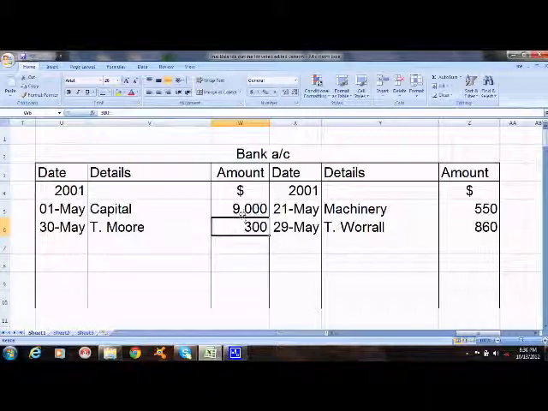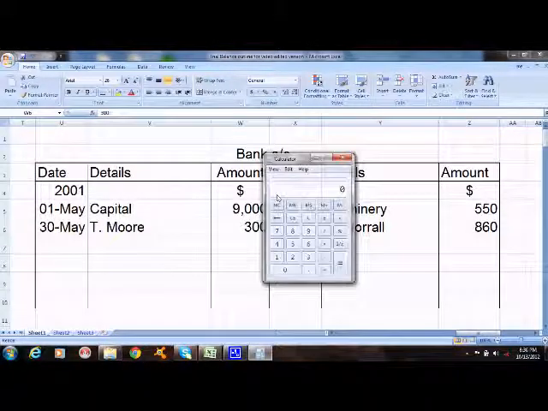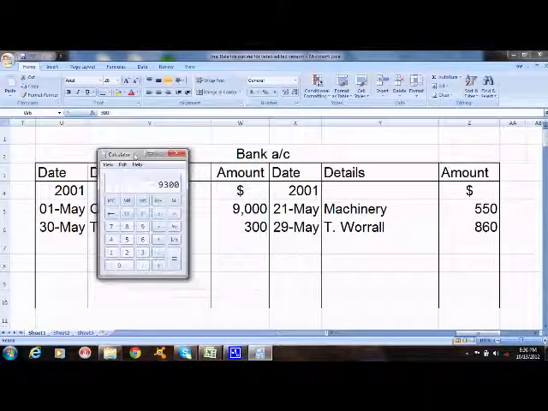First you add the debit side, the left hand side. 9,000 plus 300 equals 9,300, right?